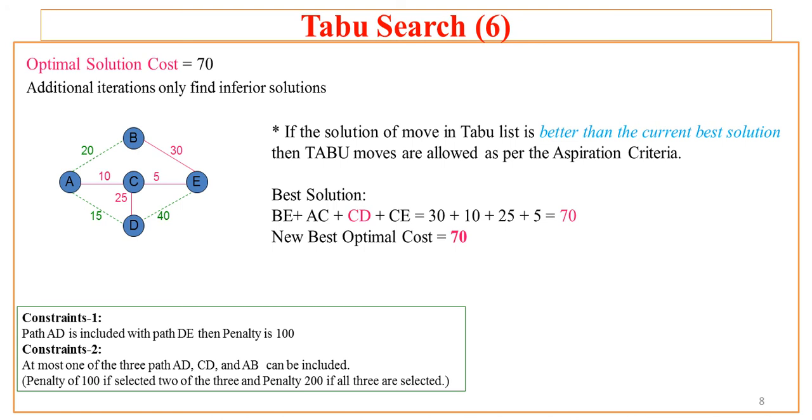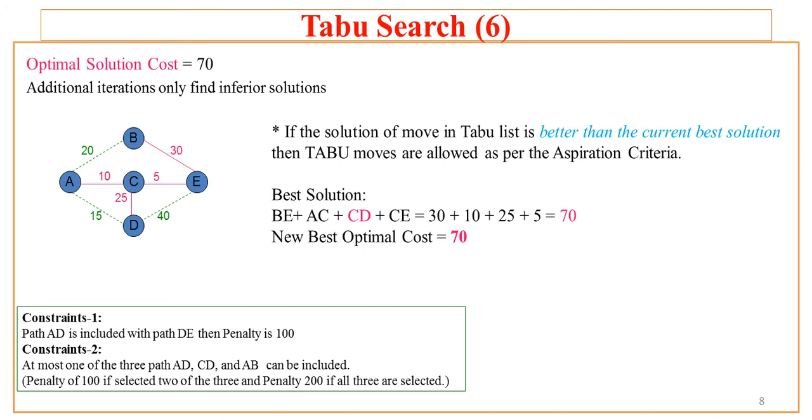So that's why we started with the solution we got out of either Prim's or Kruskal's. Then we tried with neighborhoods, and then we tried to include the moves which are taboo, which are restricted, but which were giving a better solution to us.